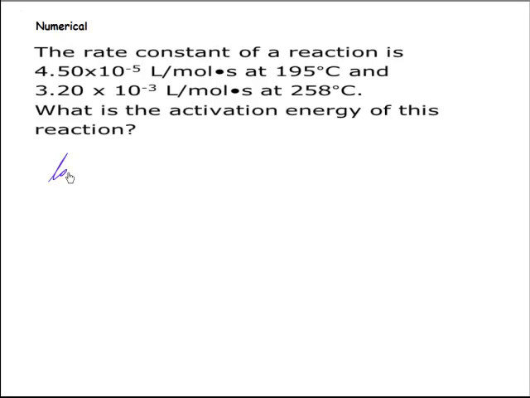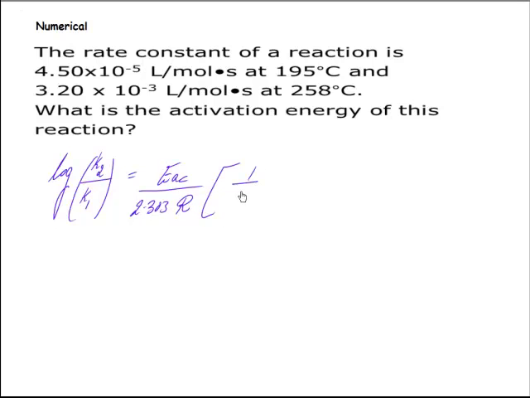Now again we'll use the Arrhenius equation, log K2 by K1 is equal to energy of activation divided by 2.303 R into 1 upon T1 minus 1 upon T2.